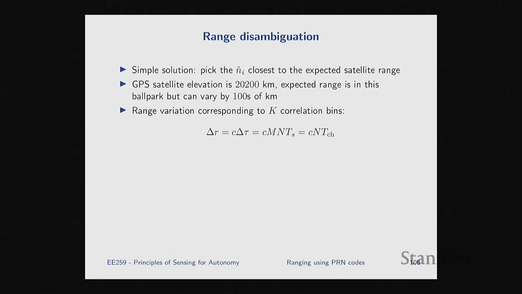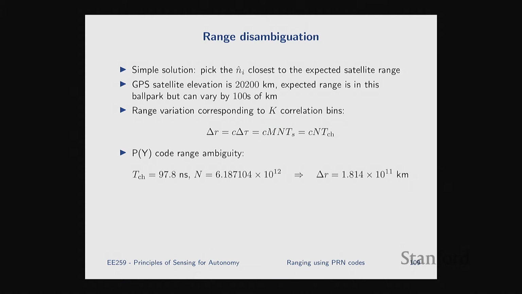It's the number of samples between two of those peaks times your sampling time. The number of samples is k, the total number of samples in a discretized code, and this would be equal to n times the chip time interval, or also you can write it as c times the total duration of the code. So that's the delta range that you get between two consecutive peaks.